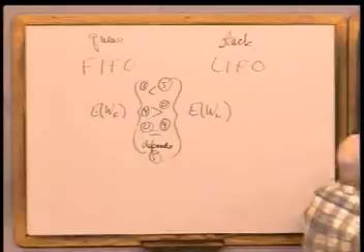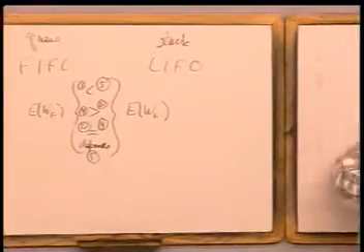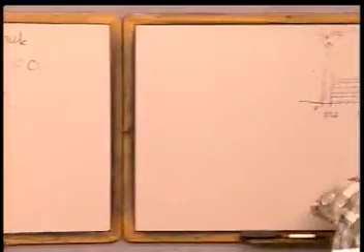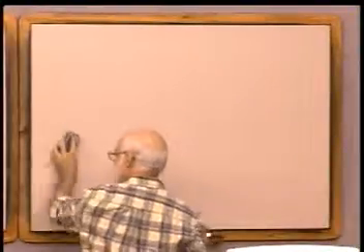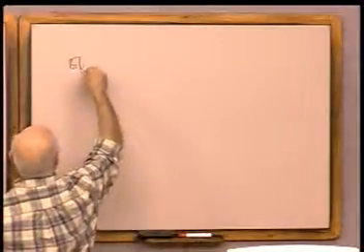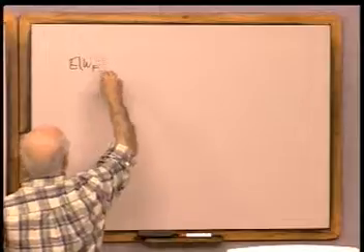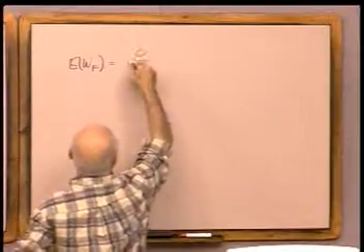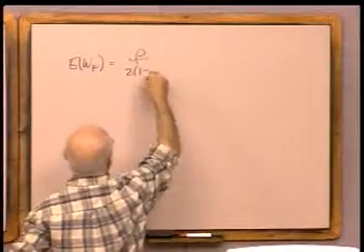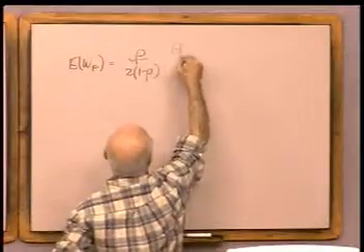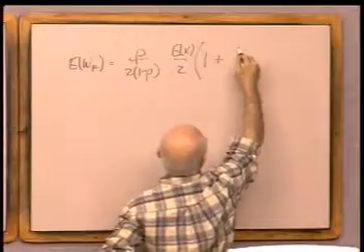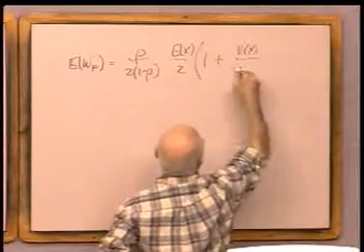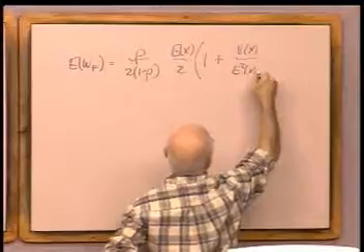Okay, so now I'm going to give the answer. So we already have a formula for FIFO. The expected value of the waiting time for FIFO, that's the Pollaczek-Khinchine formula. That's rho over 2 times 1 minus rho times the average service time, divided by 2, times 1 plus the variance of the service times divided by the square of the average service time.